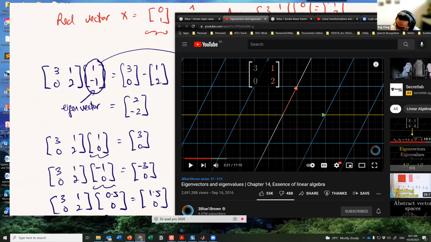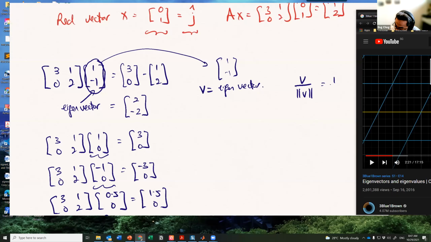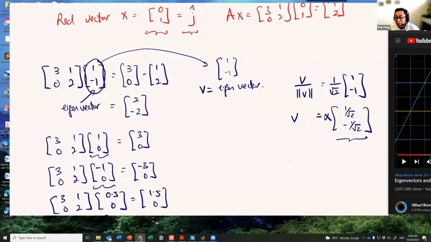So it is 1 over square root 2, 1 minus 1. And the answer is 1 over square root 2, minus 1 over square root 2. So any scalar multiple of this vector is an eigenvector.